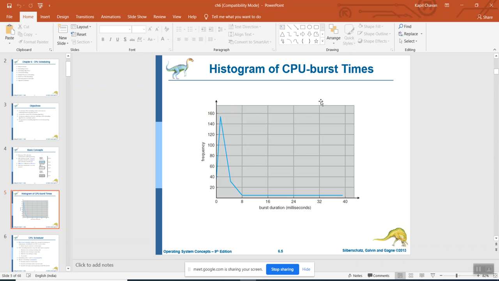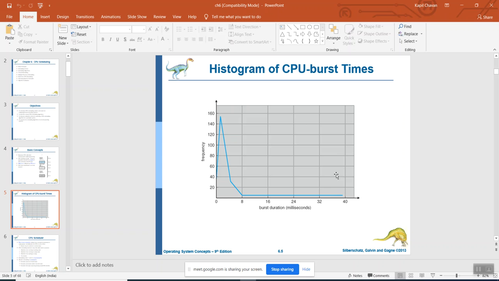Then the next diagram is the histogram of CPU burst times. This is a simple XY plot. On the X axis you have the burst duration in milliseconds, and on the Y axis you have the frequency.